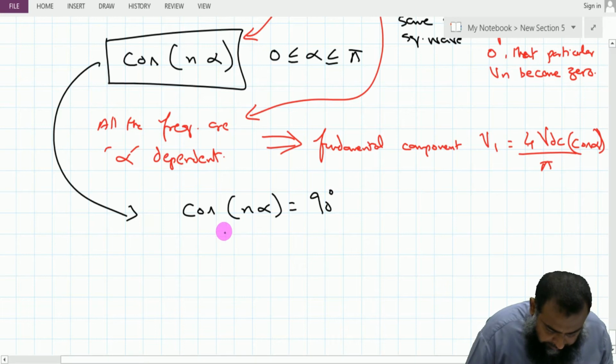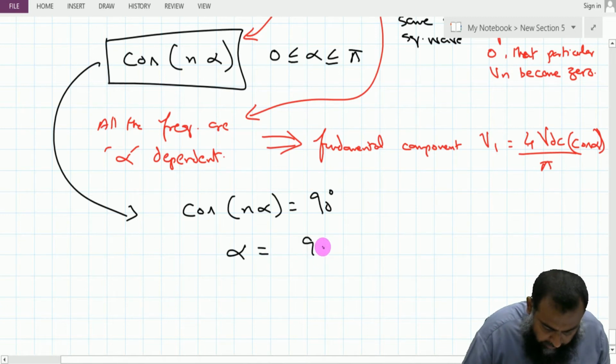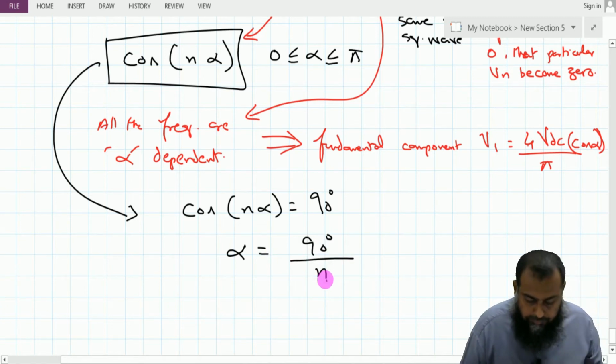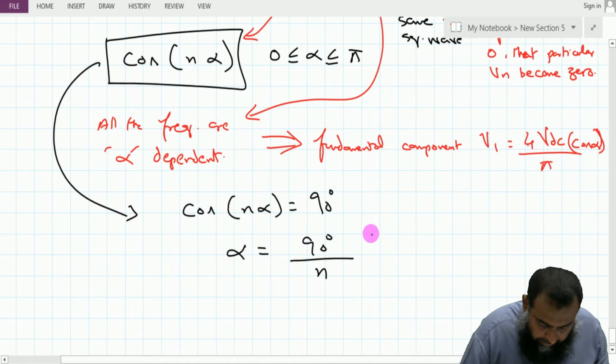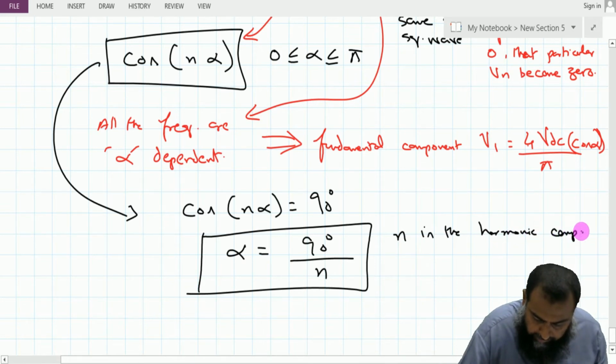This means that alpha is equal to 90 degrees over n, where n is the harmonic component.